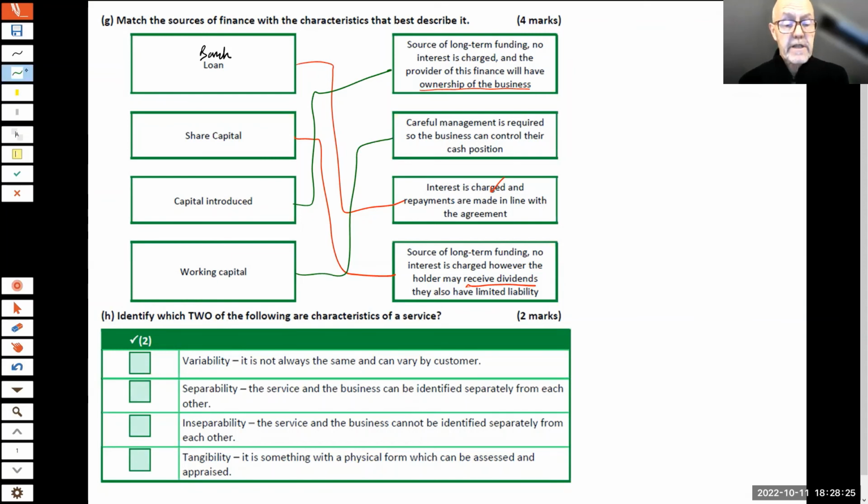Two characteristics of a service. Not always the same and can vary by customer. Sounds reasonable. The trick always is, let's look for the ones that are nonsense and see if we can eliminate. Separability. The service and the business can be identified separately from each other.